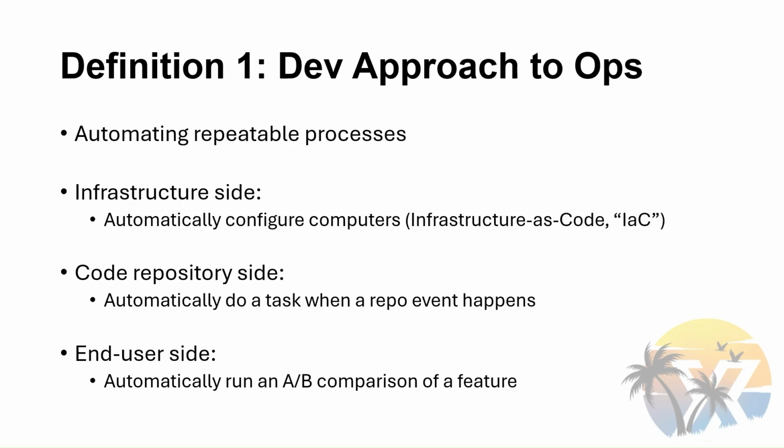Some examples on the infrastructure side: you can write scripts that automatically configure computers, automatically set up servers. That would be infrastructure as code. You could think of a new developer on your team that's going to be a CET developer. You could potentially set up a script that installs CET developer and handles all the different things you have to go through in order to get your computer set up. That would be like infrastructure as code.